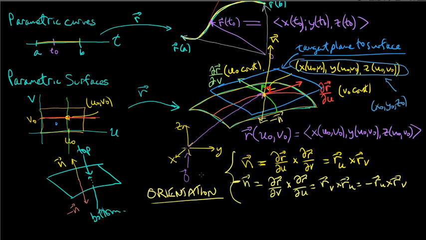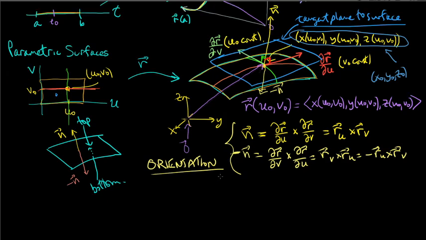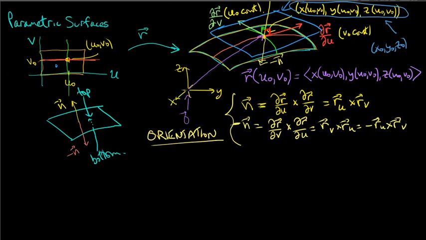But yes, the surfaces that we want to describe here all have a top and a bottom. Or if it's not clear, let's say you have the surface of a sphere. Now it depends on where you are on the sphere. If you're at the North Pole, there's a top, and then the inside of the sphere is the bottom, so that would be pointing this way. But if you're at the South Pole, it's the exact opposite.